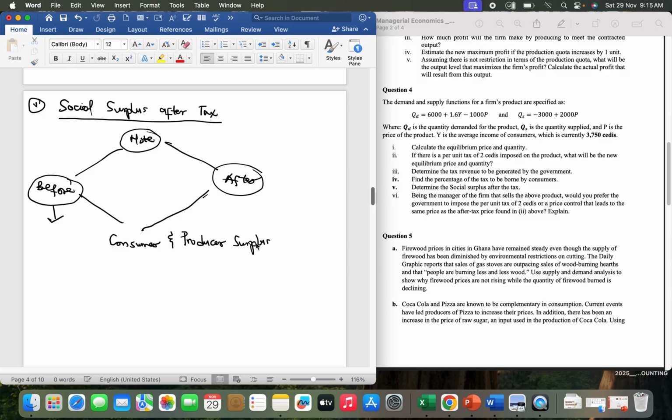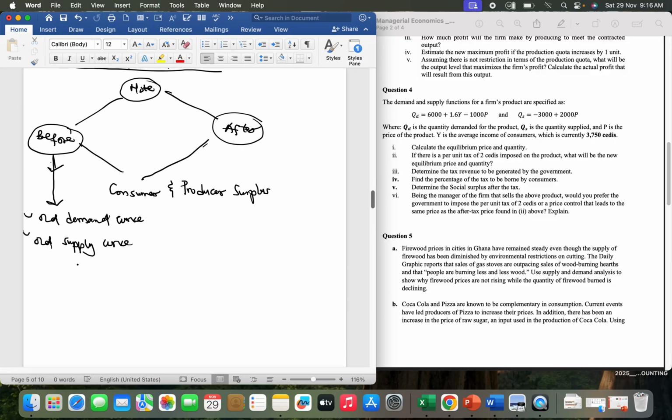Just get it in mind. I'm giving an overview because I know most of you struggle with this. For the before case, you use the old demand curve and the old supply curve.